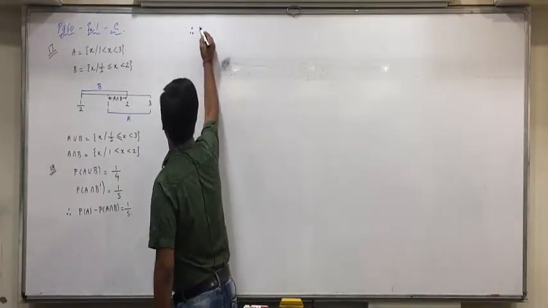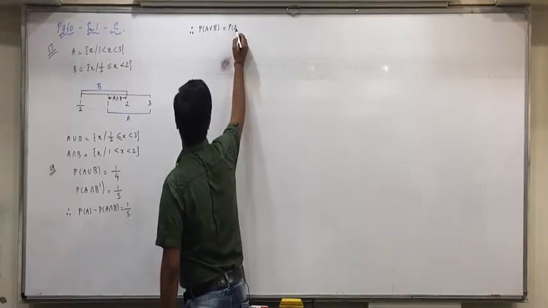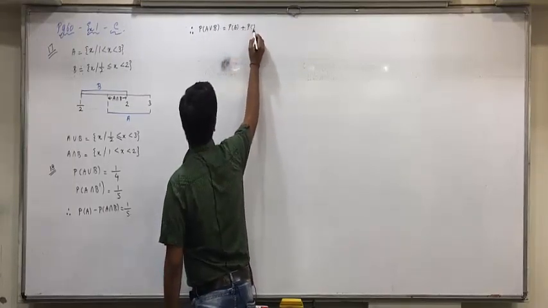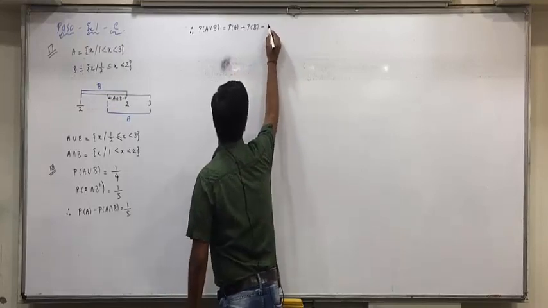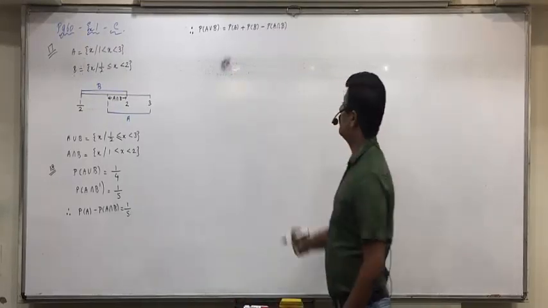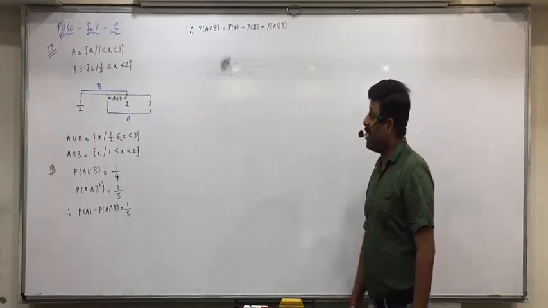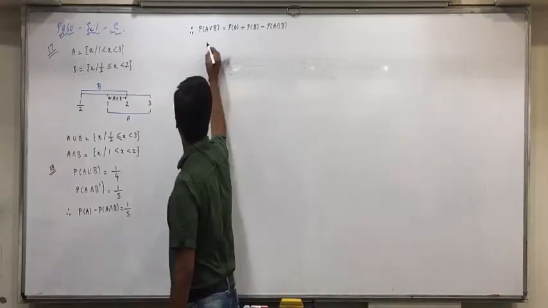Now write down P of A union B is equal to P of A plus P of B minus P of A intersection B. Now, what is A union B on the left side? Given.